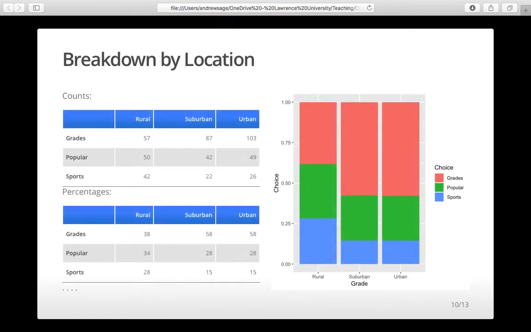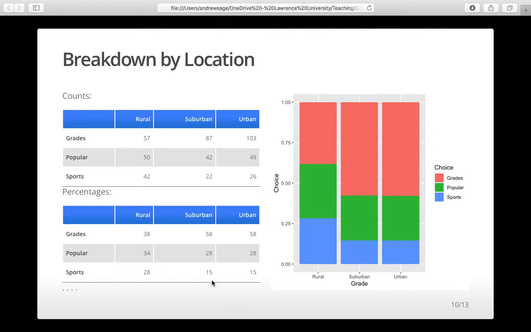Looking at the graph right away, we see that the rural students tend to look different than the suburban and urban students in terms of their priorities. It seems like for rural students, there's an almost equivalent number choosing sports, popularity, and grades, while students in suburban and urban settings seem to choose grades more frequently.